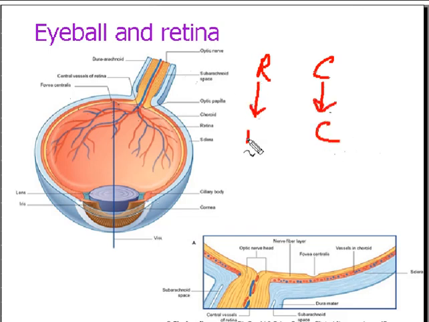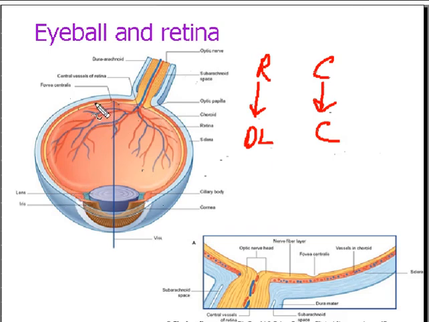Now, the rods are so arranged that they are present more towards the periphery of the eyeball, whereas the cones are concentrated in a portion of the eyeball which is called the macula lutea.